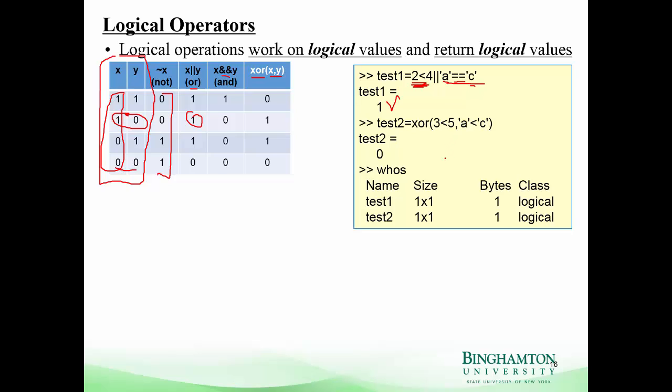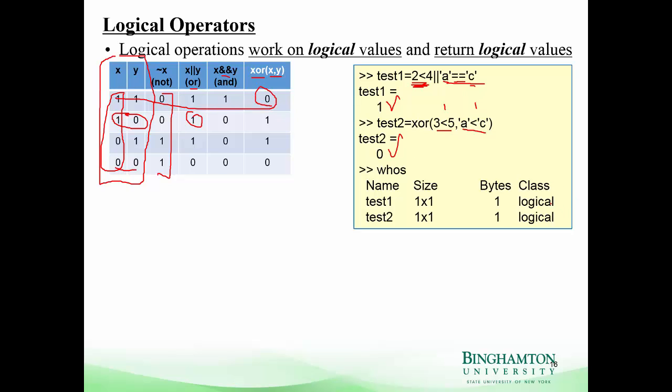So test 1 was 1. Here we do an exclusive OR, 3 less than 5. Well, that's true. A less than C. Remember, characters are represented and evaluated in situations like this in terms of their ASCII values. So A is less than C, so we get a 1, 1. So the exclusive OR of 1, 1 on this line is 0.